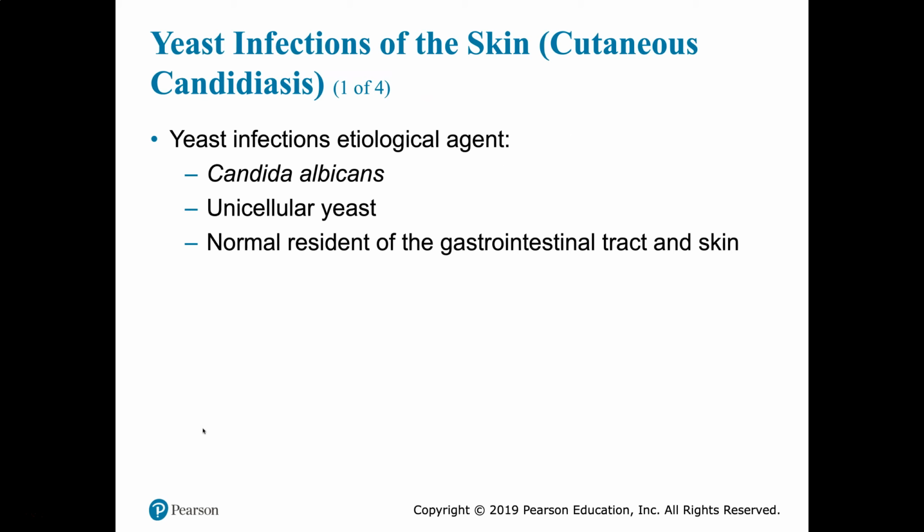So yeast infections, the etiological agent, Candida albicans. This is one of the most common, if not the most common. It's a unicellular yeast, and it is part of the GI tract and the skin of humans, especially women. Candida albicans is one of the primary organisms that colonizes the female vagina.